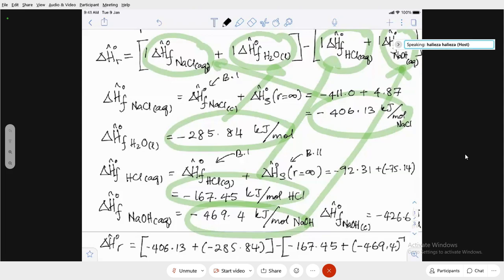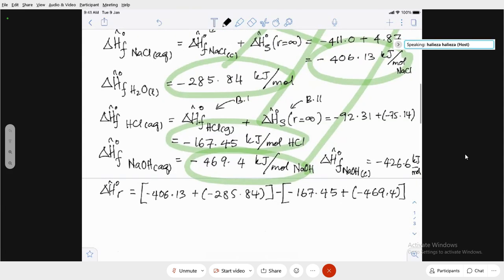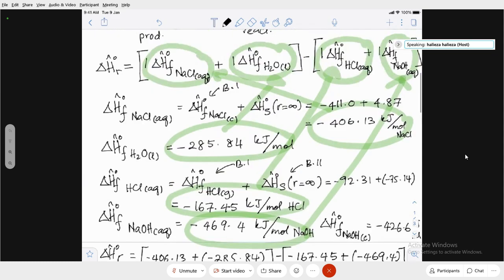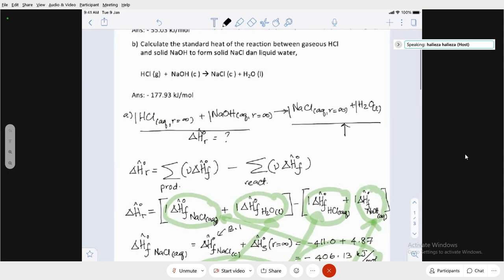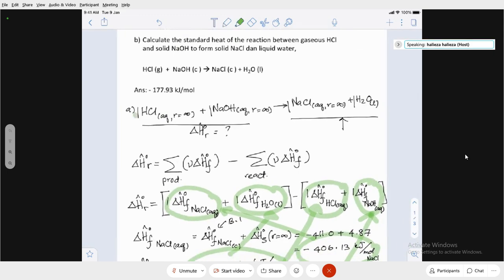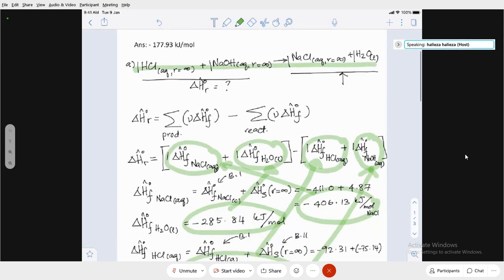So everything is there, and when you do the calculation, let's see what I got. I got minus 55.12 kilojoules per mole. That is my heat of reaction for the neutralization process according to this equation.